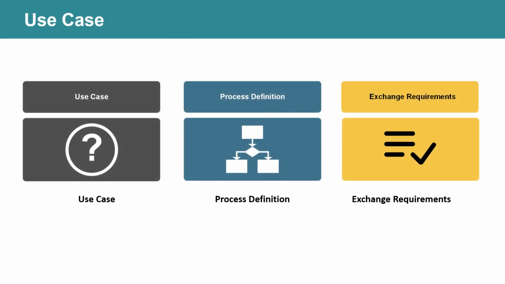The use case is based on international standards for an information delivery manual and is used to describe documents according to a predefined structure. An IDM consists of the following three core elements: use case, process definition, and exchange requirements.